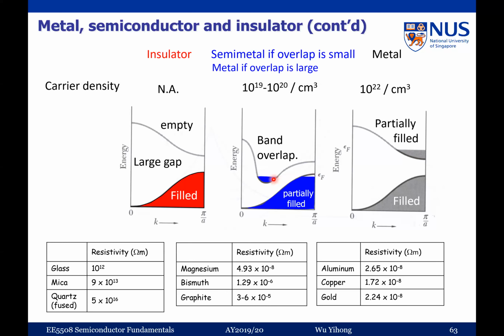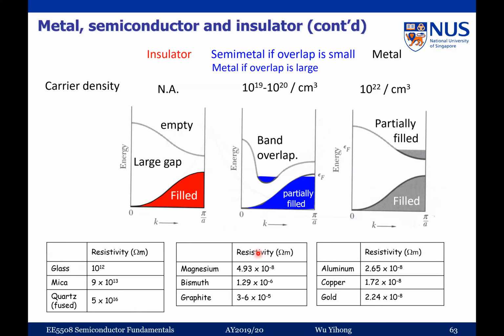So eventually this will result in a higher resistivity. It means that it's conductive, but the resistivity is higher than the simple metal case. So this kind of material we call a semi-metal, right, if the overlap is small. Of course, if the overlap is very large, then basically it's a metal, although the conductivity will not be as good as this kind of metal.